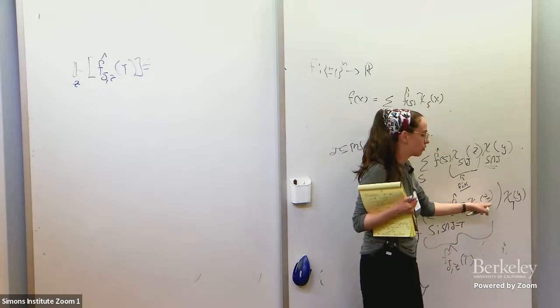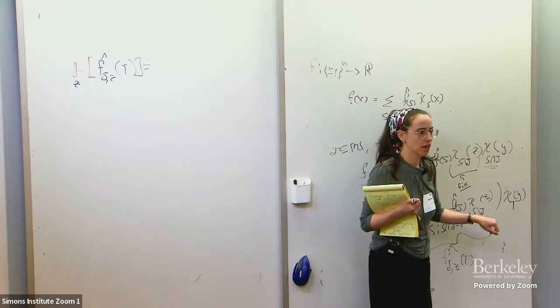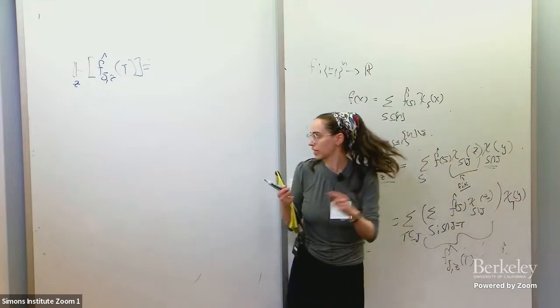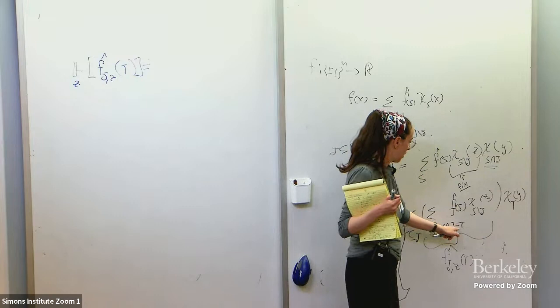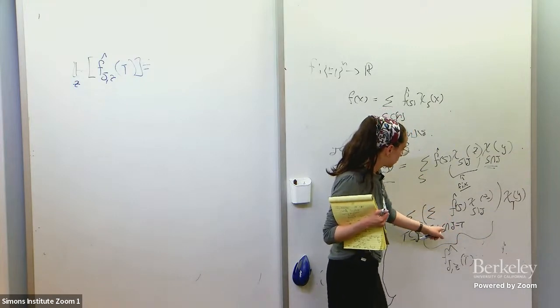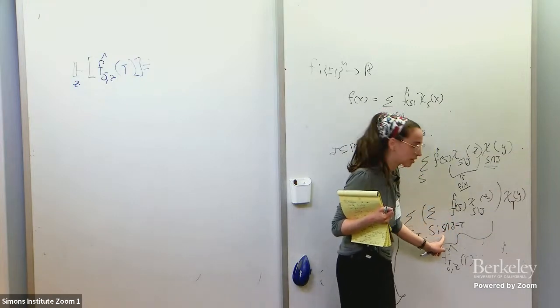So sometimes they will be plus and sometimes minus. And they will cancel each other in expectation, except for one. The one that will not cancel is the one where S is exactly T.